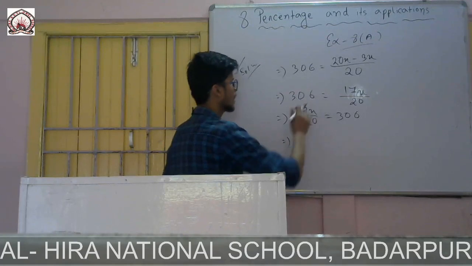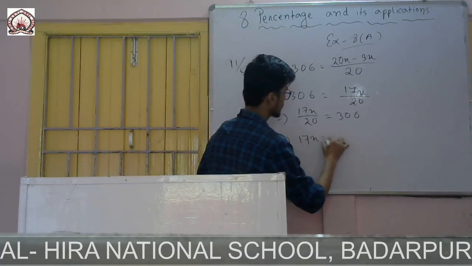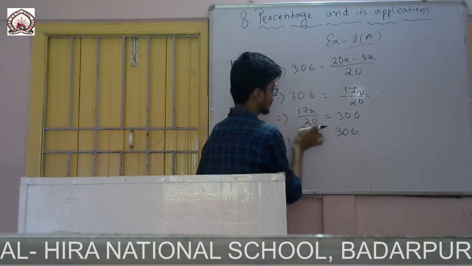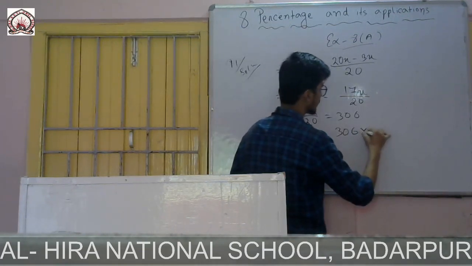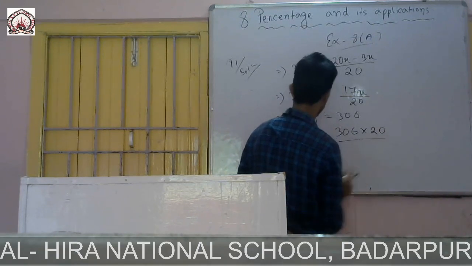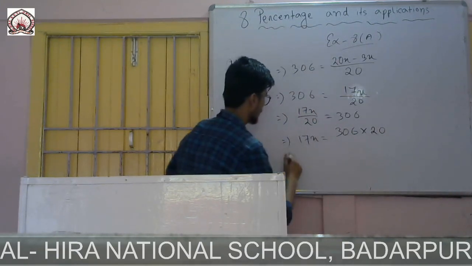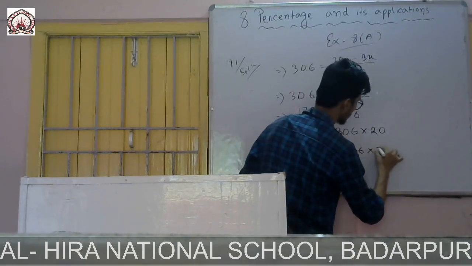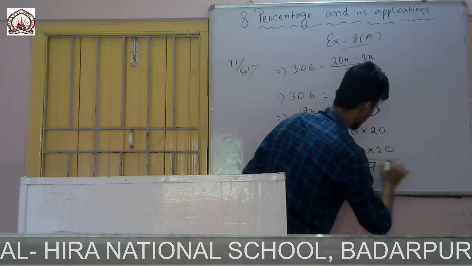So now I can write 17x by 20 equals 306. If I change the side, the denominator 20 will go to the numerator of the other side. Then in one line I can write x equals 306 into 20 by 17.